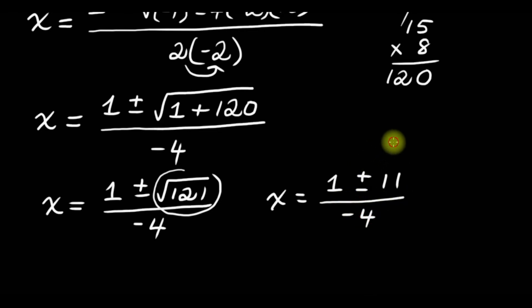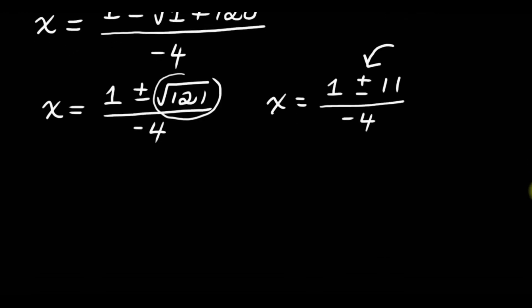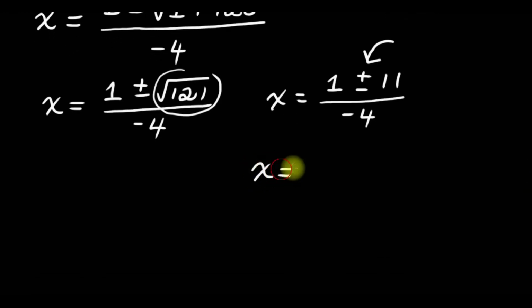We're going to continue to break this up because of the plus minus, right? You got the positive 11 and you have the negative 11. So x is, well, 1 plus 11 is 12. And then 12 over negative 4 is negative 3. So one of your solutions is negative 3.